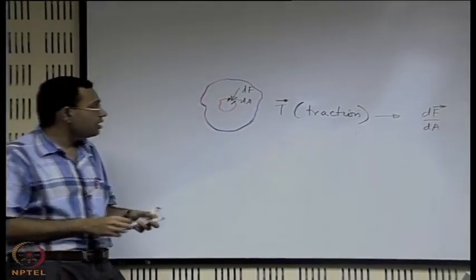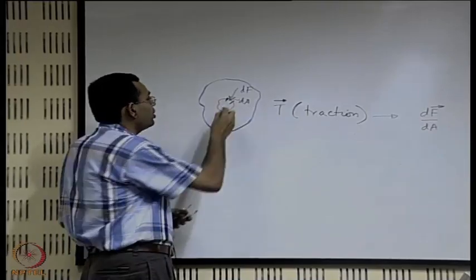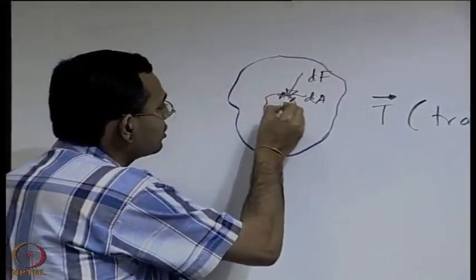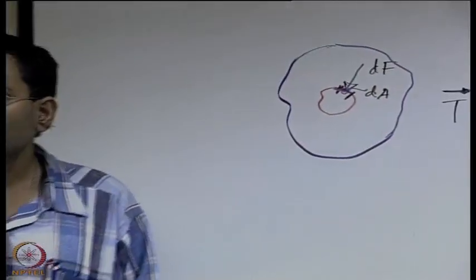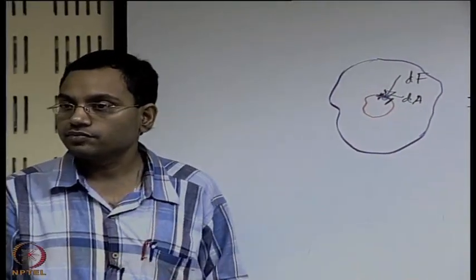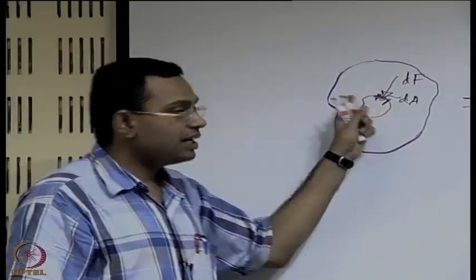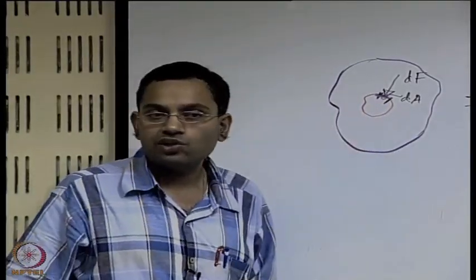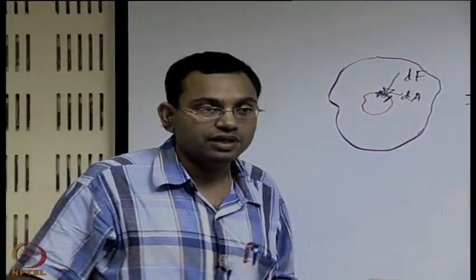What does it mean? Let us say that centered around the same point, we take a different elemental area, same dA but differently oriented. If we find out the resultant force on that differently oriented area, it is likely to be different.